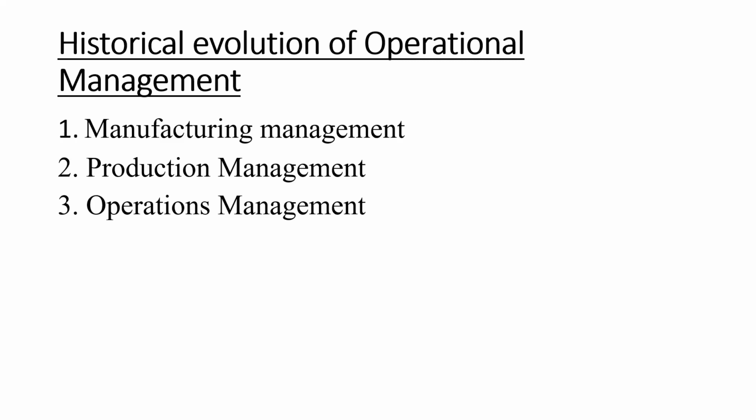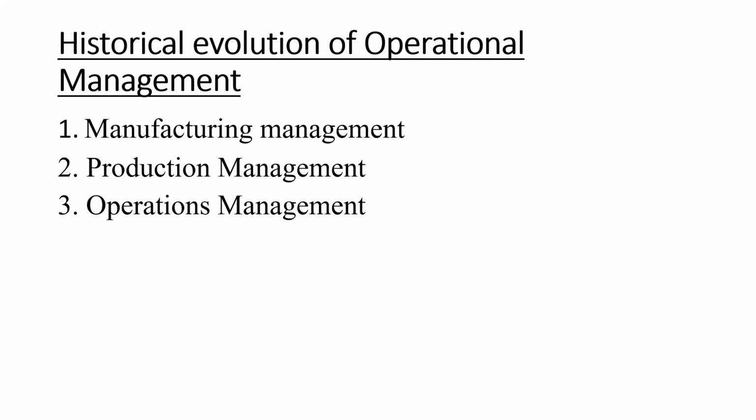Then next, the 1970s emerged with two distinct changes in our view. The most obvious of these, reflected in the new name, operations management, was a shift to the service as well as manufacturing sector of the economy.